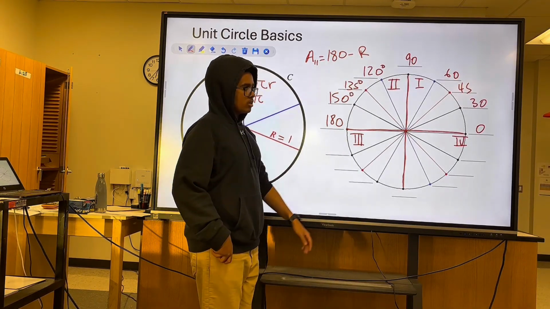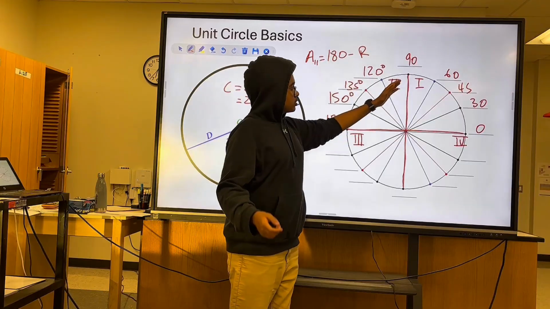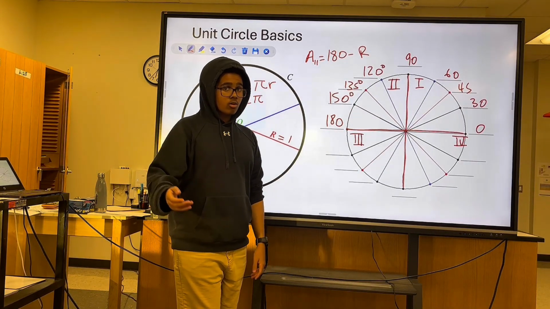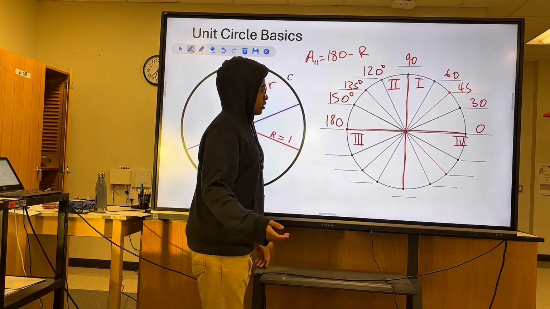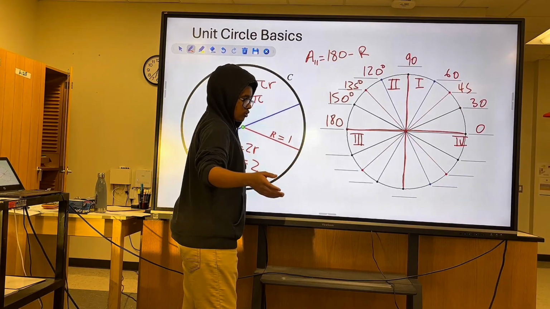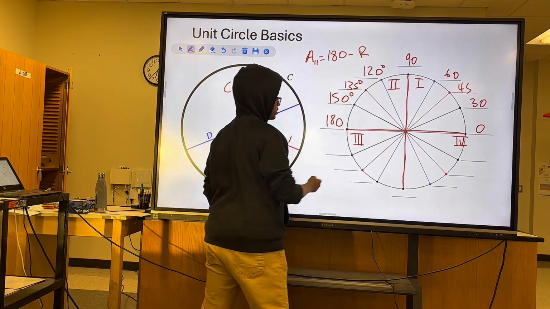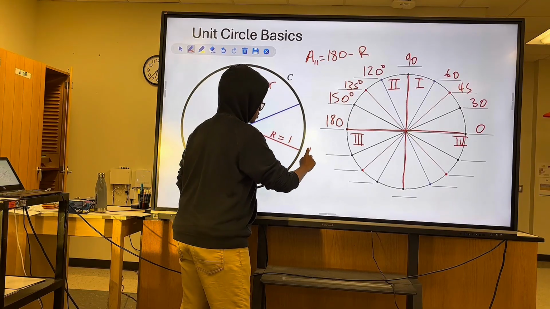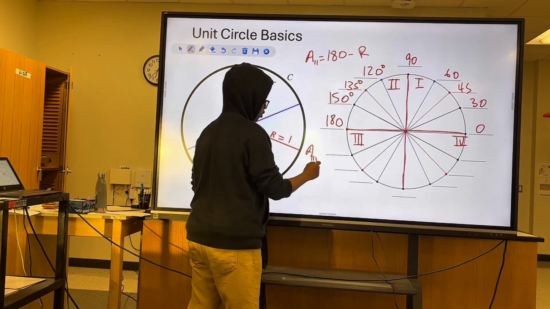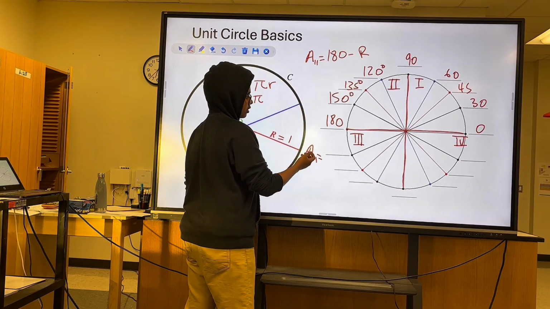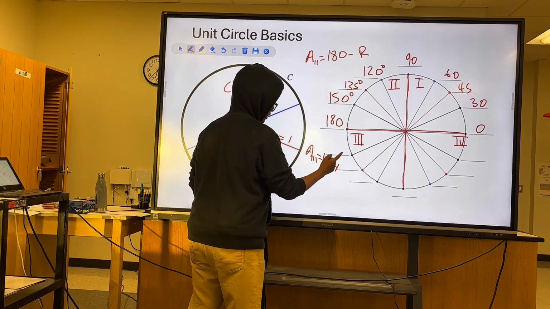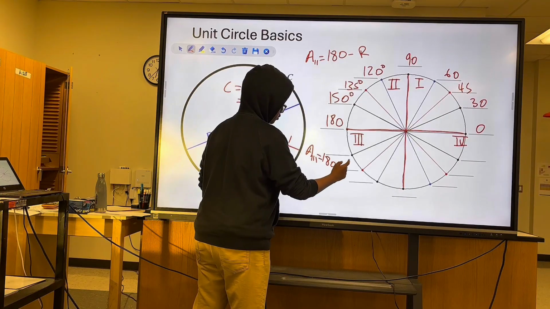Right. When using the special angles in the first quadrant, we're trying to find the coterminal angles regarding the first quadrant degrees. So for the third quadrant, the formula to find the coterminal angle of the special angles in the first quadrant is this: the angles in the third quadrant can be found by adding 180 to the reference angles.